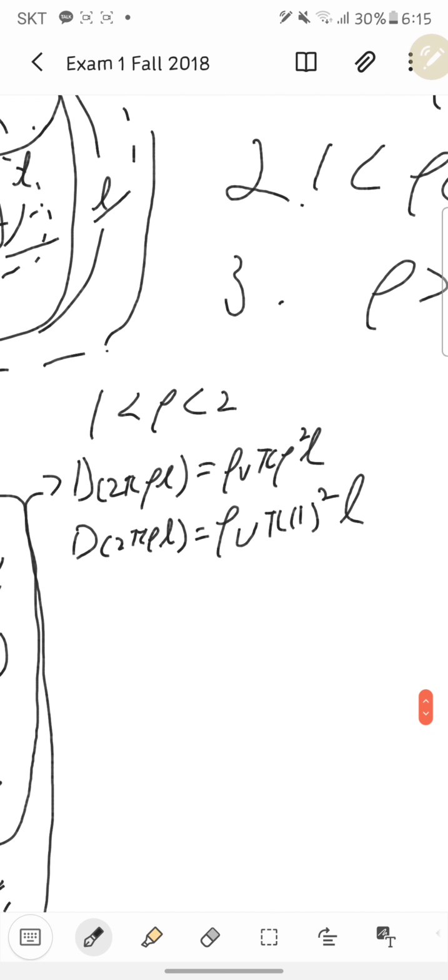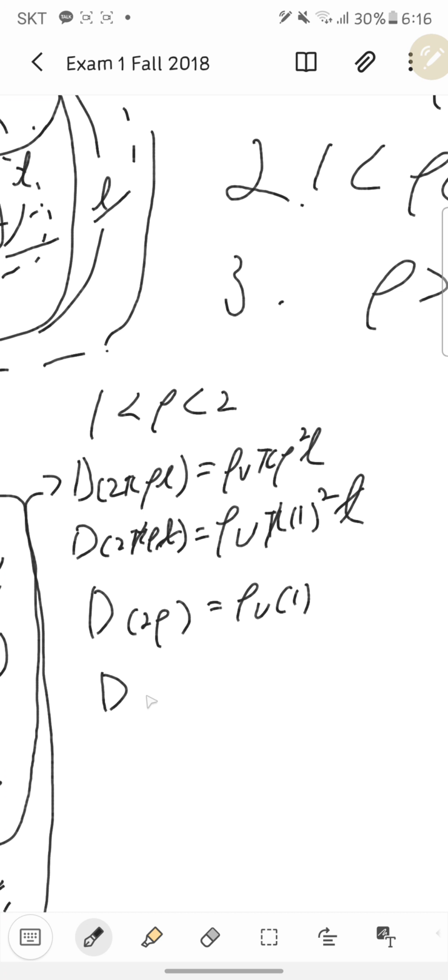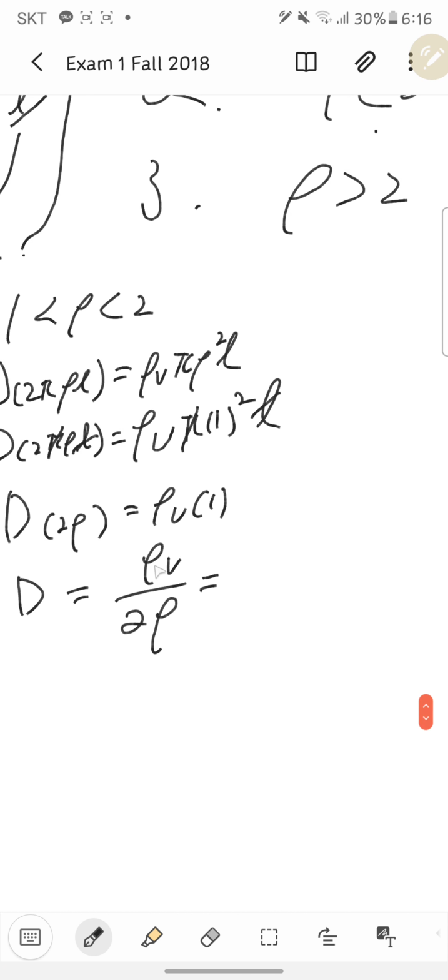In this case as well, L cancels, pi could be erased. So D equals the volume charge density divided by 2 rho. We know the volume charge density equals 2. So it's 1 over rho.